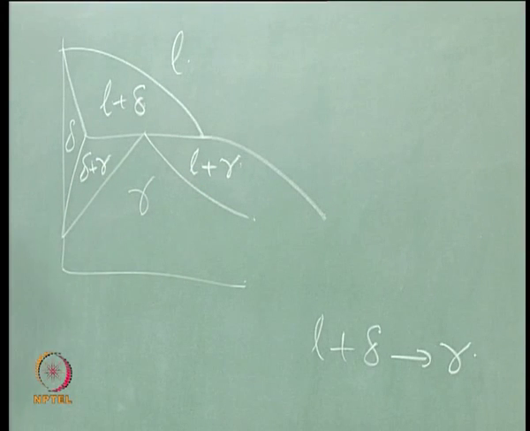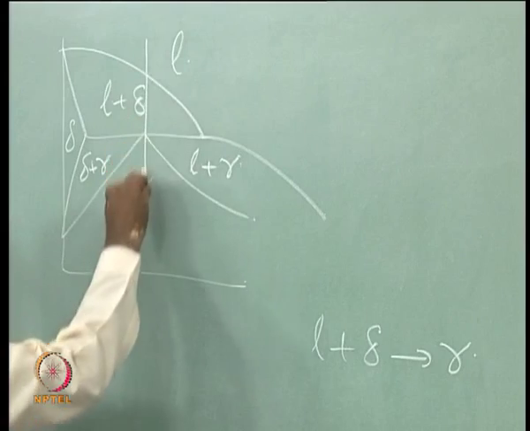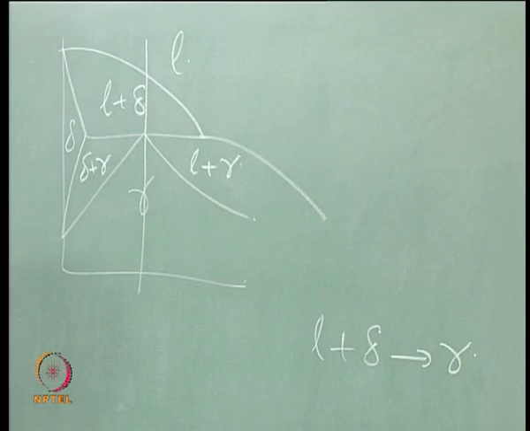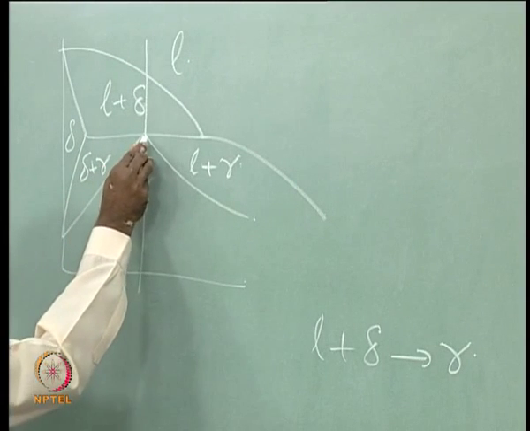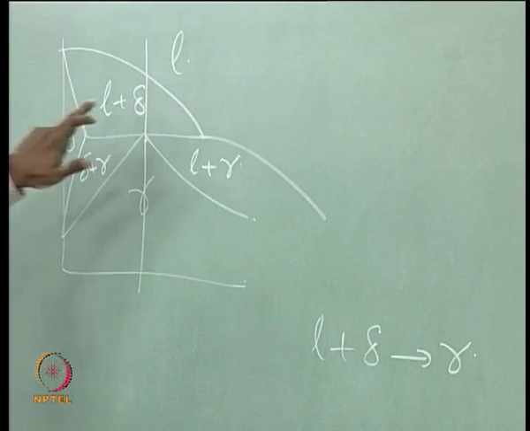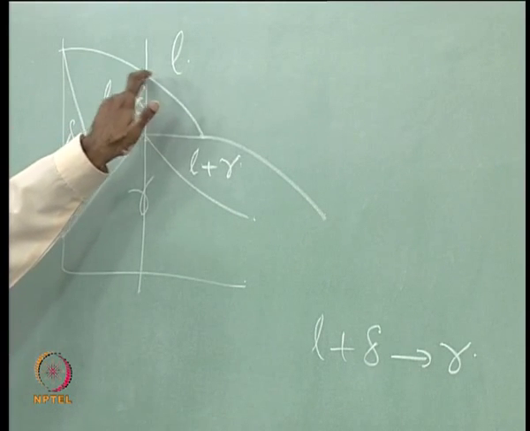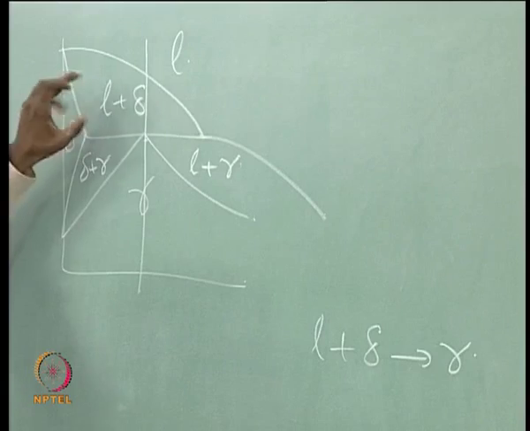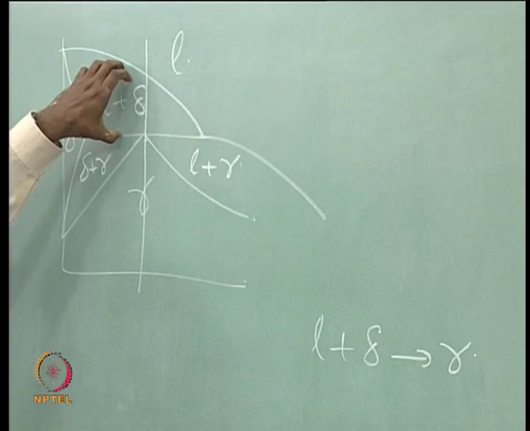Am I right? And at this peritectic temperature, if I take the liquid and cool it to a temperature just below the peritectic, the moment the liquid starts solidifying, it gives out delta. This is this portion of the phase diagram.